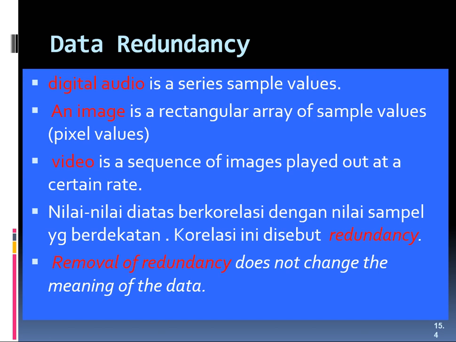So, data redundancy. Digital audio is a series of sample values. You know about a digital signal and digital data, and now digital audio. Digital audio always has samples, so we have a series of samples.